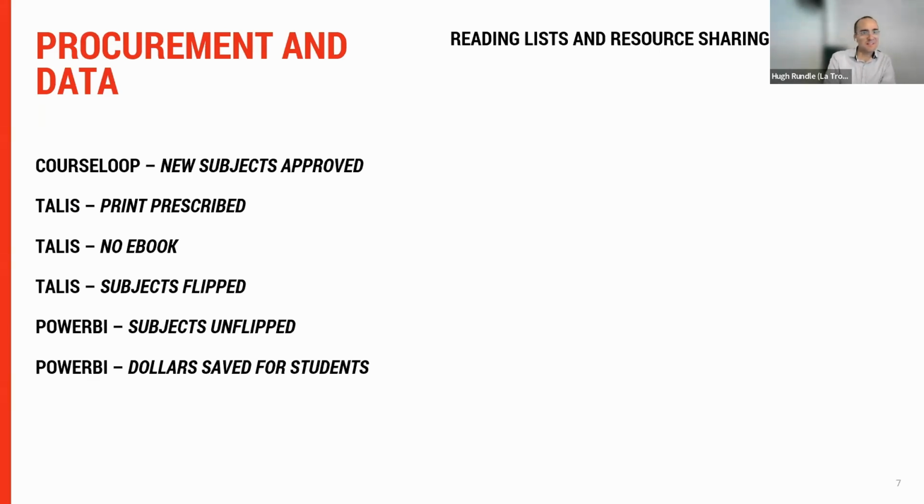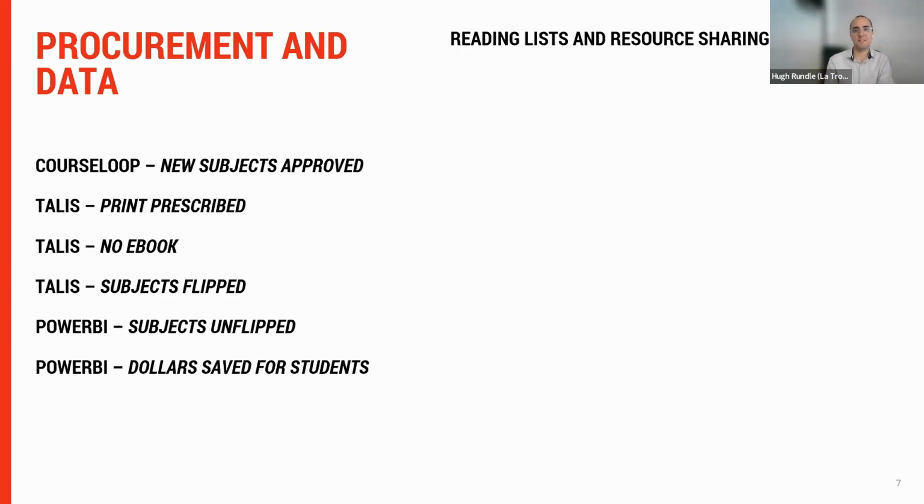Procurement and data is managed almost entirely by our reading lists and resource sharing team. They use Talis's file exports from Aspire, as well as some data from Advanced NIS. And we can connect that to Power BI to do database queries, create custom reports, and filter it all down.